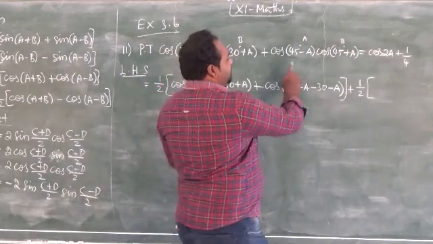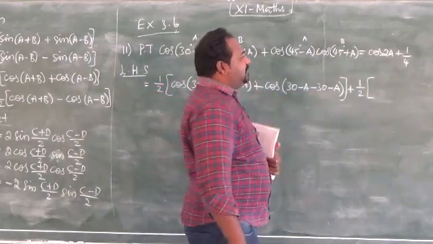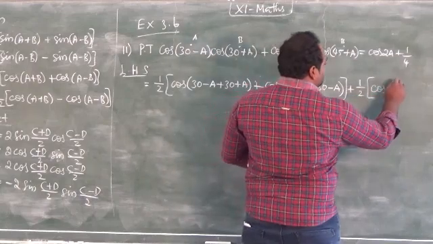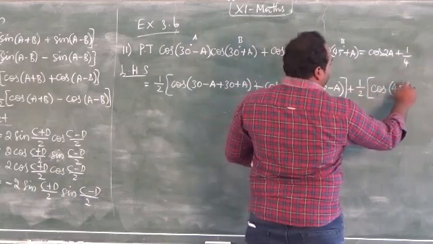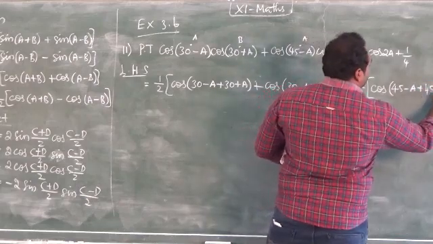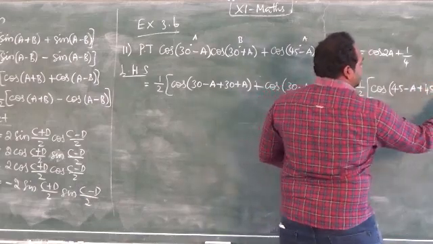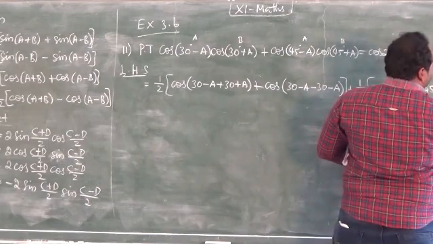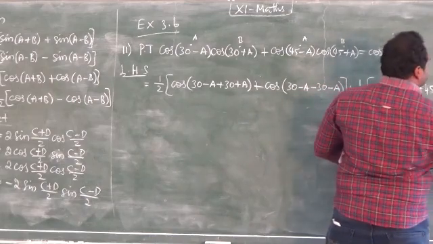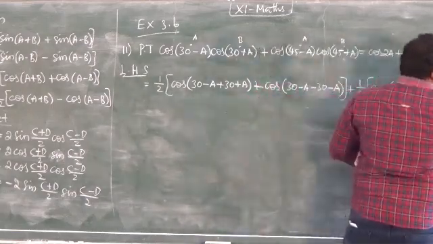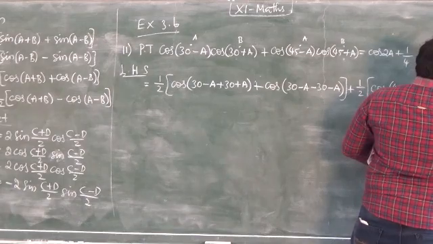Here A is 45 − A, B is 45 + A. So here also 1/2 cos(A + B), which is (45 − A) + (45 + A), plus cos(A − B), which is (45 − A) minus (45 + A), directly multiplying the minus inside the bracket.